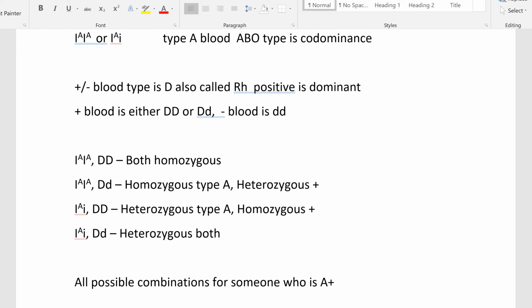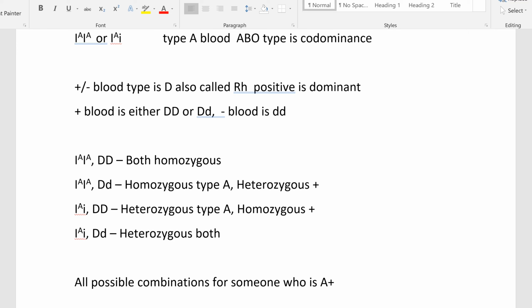So they can both be homozygous. One of them can be heterozygous and one homozygous. Like for A, it's homo. For positive, negative, it's heterozygous. Remember that when both genes are present, dominant and recessive, the phenotype is the dominant one, so it's positive here.